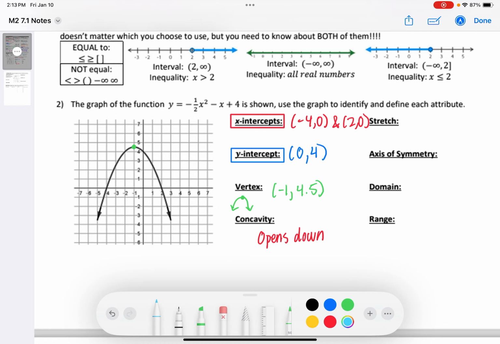Pretty good so far. Now my stretch. Remember your stretch, how much does it open? You can look at the a value of your function here. So my a value is -1/2. But let's double check on the graph. Looking at my vertex, we go over 1 on both sides, and then how much do I go down to my next point?